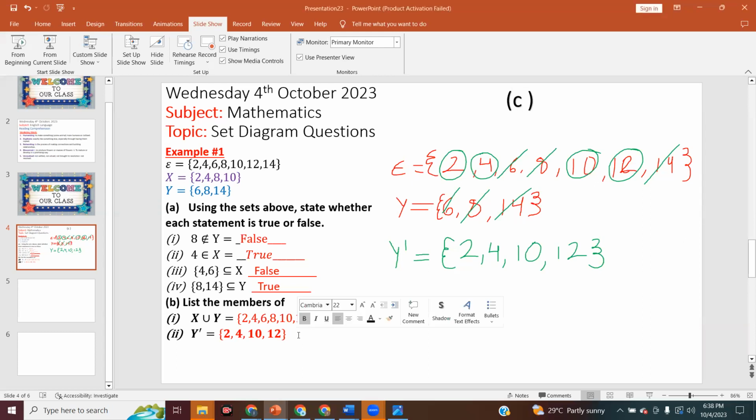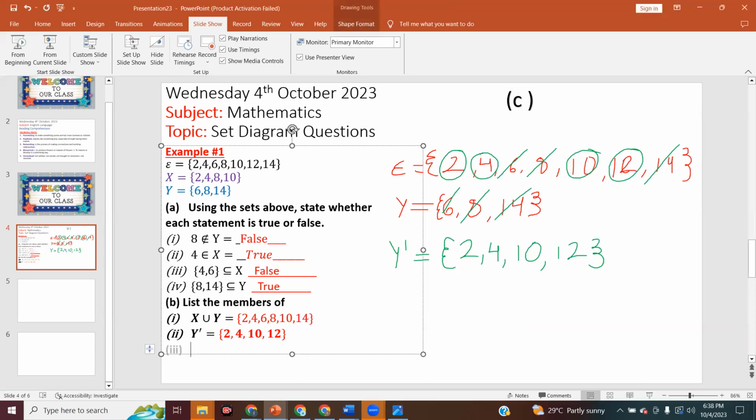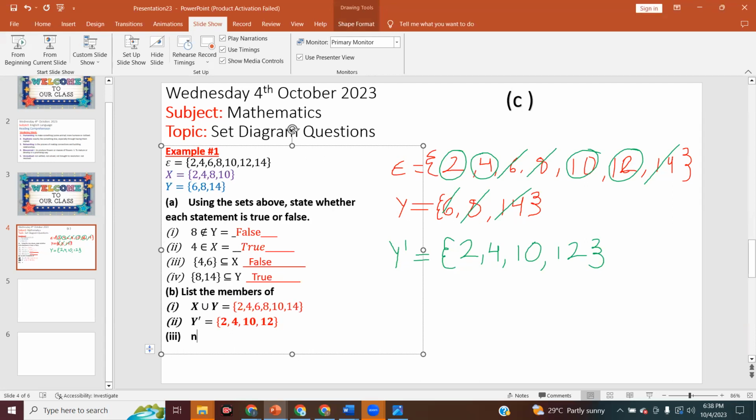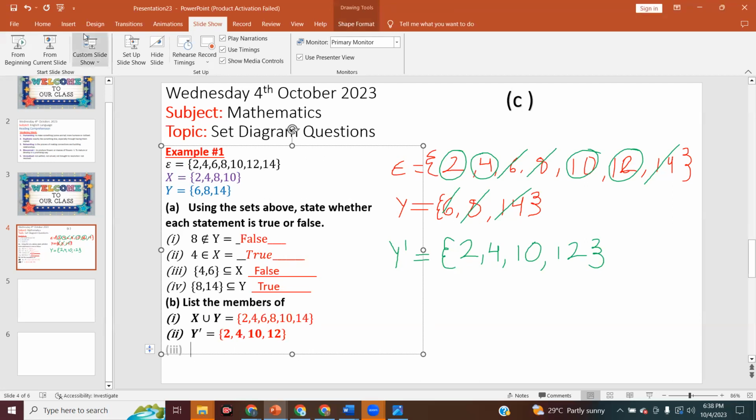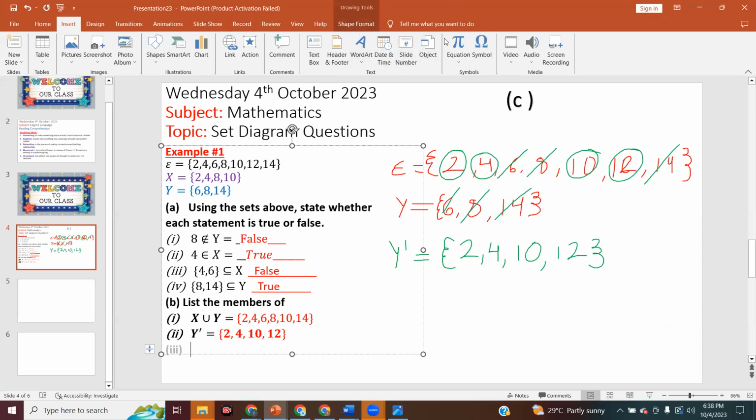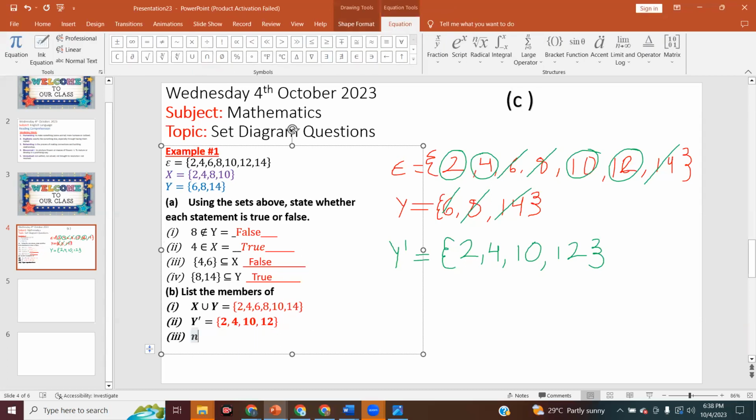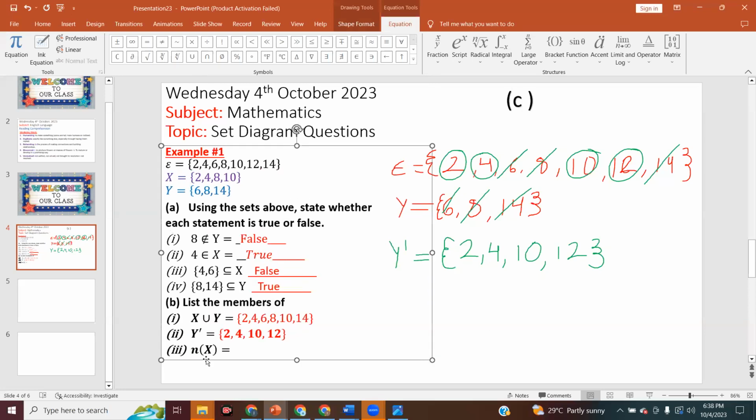Okay, the next one is now I want the number of elements in X. Put it inside the chat, please. What is going to be the number of elements in X? That's what that means.